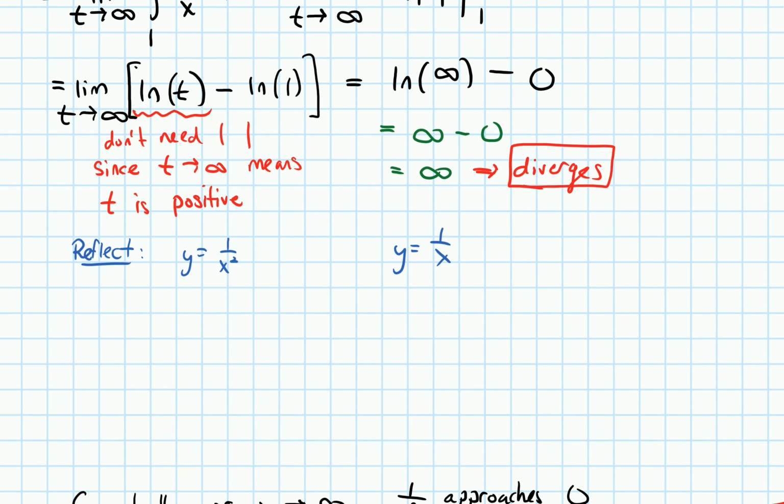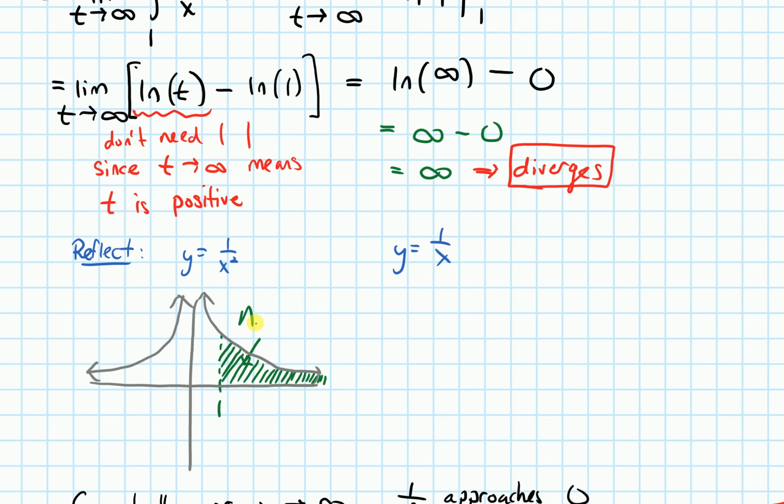So I'm going to quickly draw these pictures again. 1 over x squared we had seen. There was one part of the graph here, one part of the graph there, and we were finding the area from 1 onwards to infinity, and that was this region's area. And what we saw was this area from the previous example was 1.